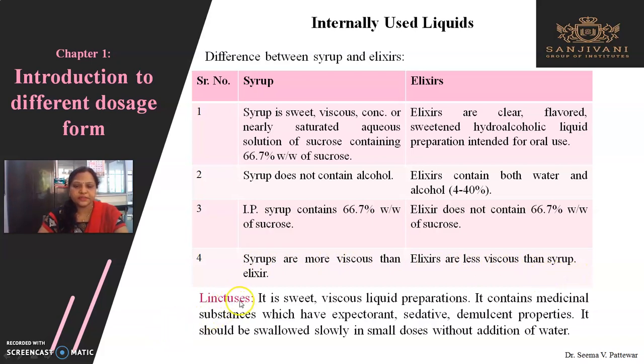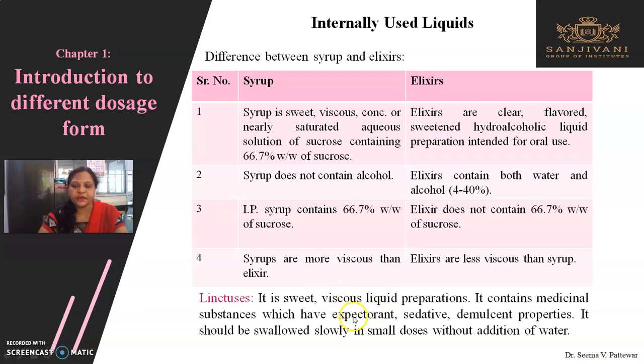Then Linctus. It is a sweet, viscous liquid preparation. It contains medicinal substances which are having expectorant, sedative and demulcent property. It should be swallowed slowly in small doses without addition of water. Means what? These are used mostly for the cough preparation, that is the expectorant which expels the cough.